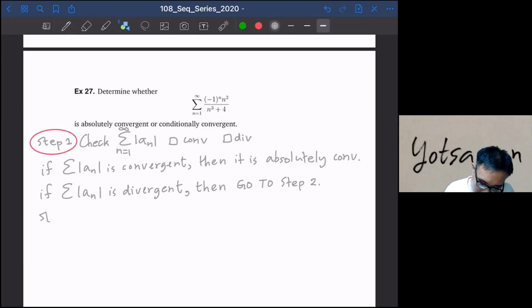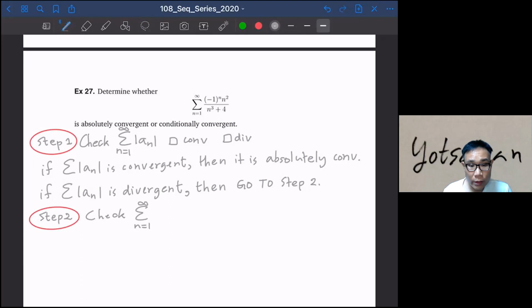For step 2, you're going to check the series from n equal to 1 to infinity of an for convergence or divergence.